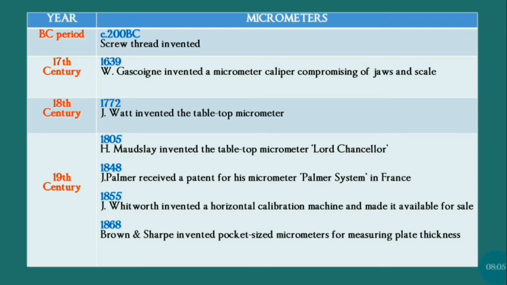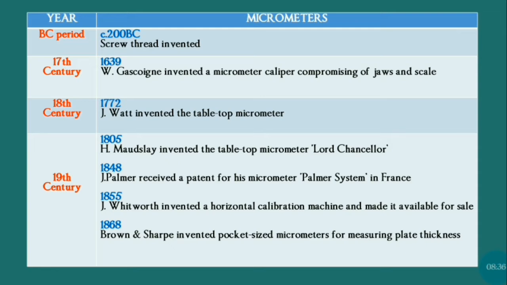Next, specifically in 1848, J. Palmer received a patent for his micrometer, or what we call Palmer system in France. As stated earlier, using screw threads for measuring linear distances has its origin in Gascoigne's invention in 1638.